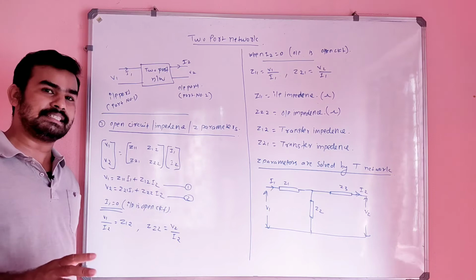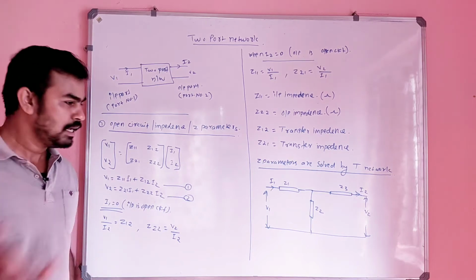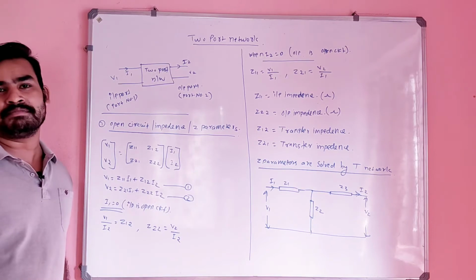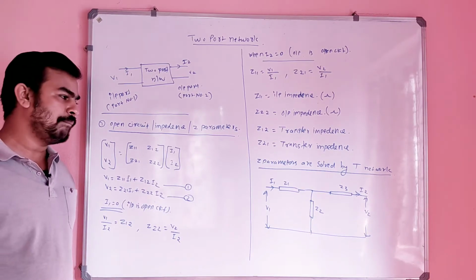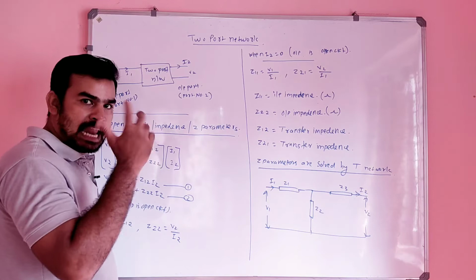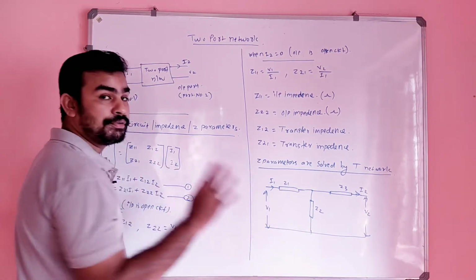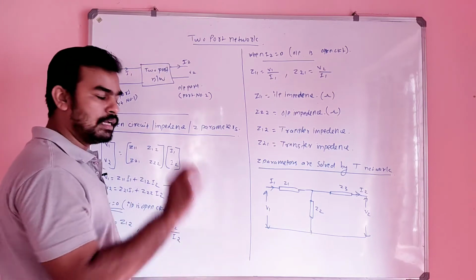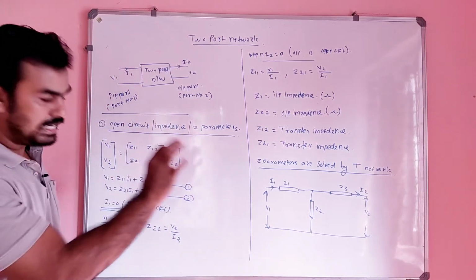You already studied this in your BTech classes, and we will study it later in power system. So normally transmission lines are represented by this type of T network. Until now, just focus on this: transmission line is represented by T network.